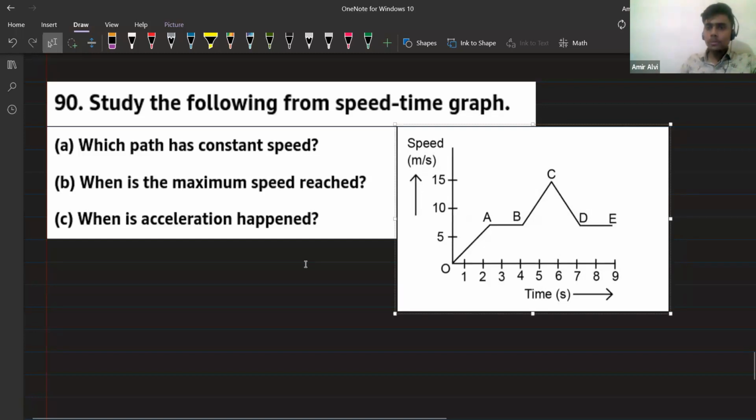Study the following from the speed time graph. Answer in a single message. Type A part, B part, C part, then message me, because if you send me the message in individual parts, that will be a little bit confusing. Okay.